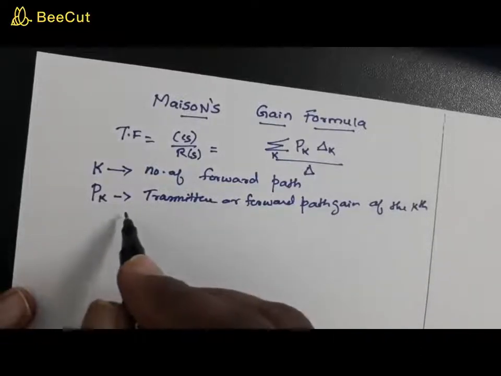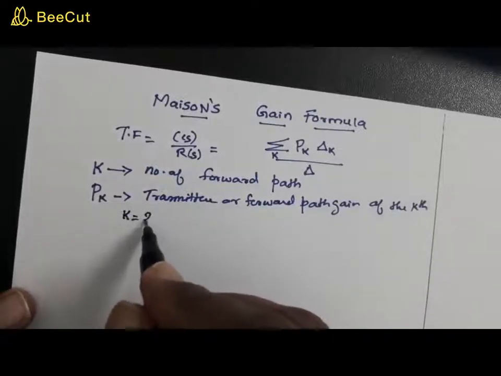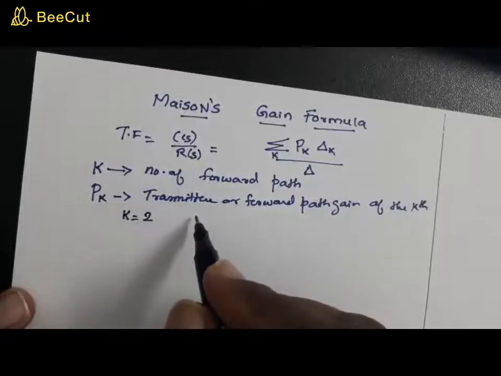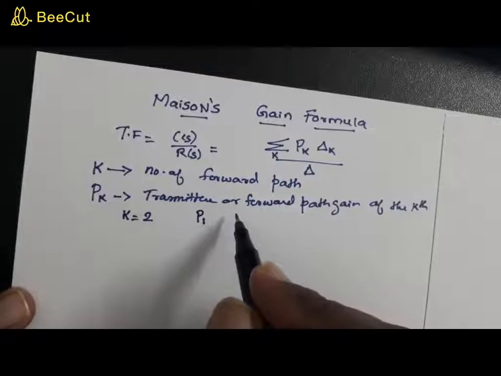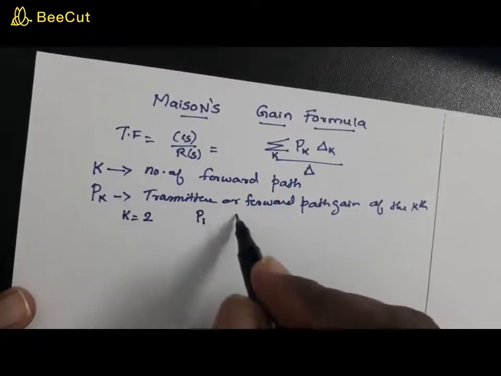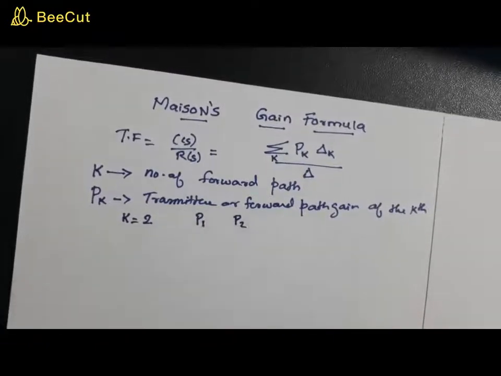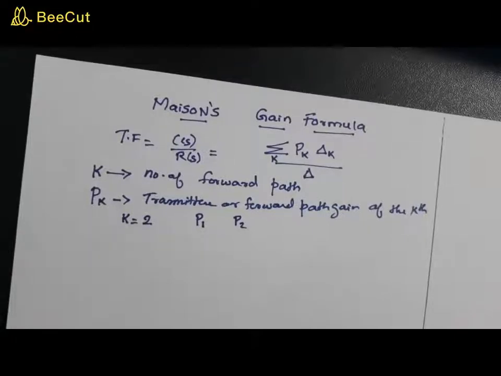That means if k is equal to 2, you have two forward paths, then you will have P1 as well as P2, right? So P1 and P2 represent the forward path gains.